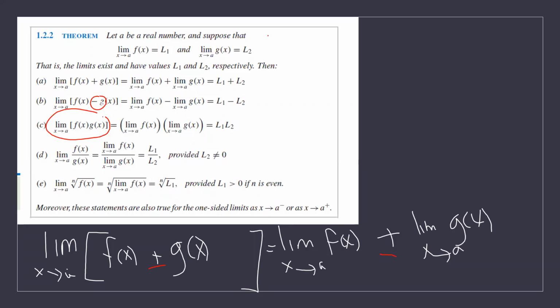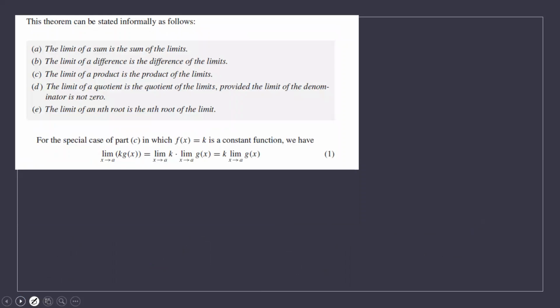Moreover, these statements are also true if x approaches a from the left or from the right. This theorem can be stated informally as follows.